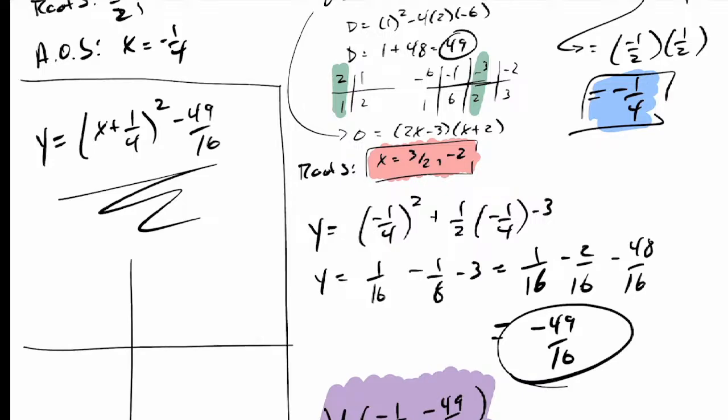If you go to sketch it, it's going to be somewhere down here, but you know the roots are 3/2 and minus 2. So one side will be positive, the other will be negative. That's my axis of symmetry in the middle, x equals minus 1/4.